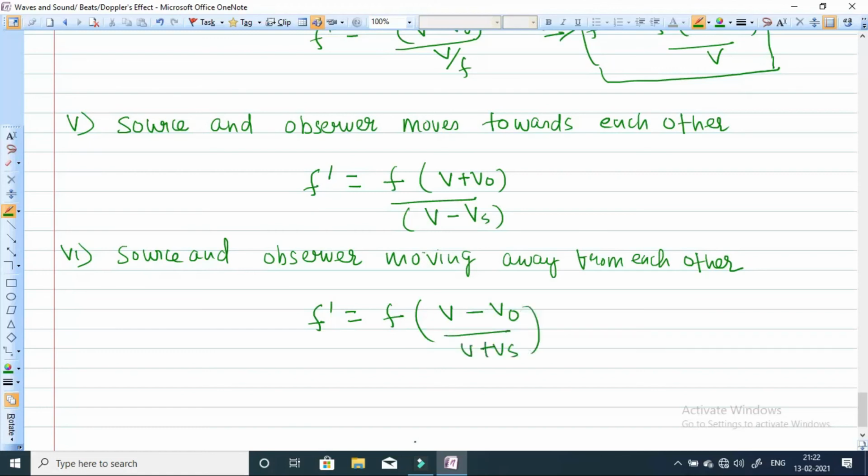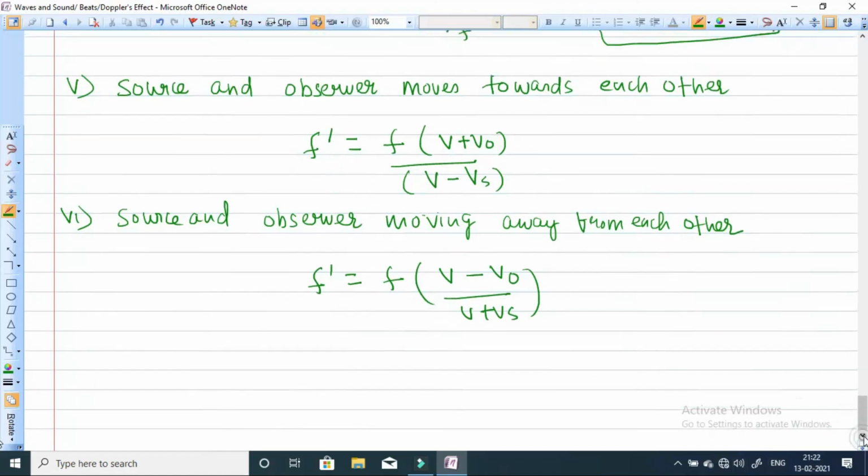So these are the 6 cases of the apparent frequency when the source and observer are in relative motion with respect to each other. What will be the apparent frequency and actual frequency? The whole can be summarized in this form. The plus minus sign you can take according to the cases.